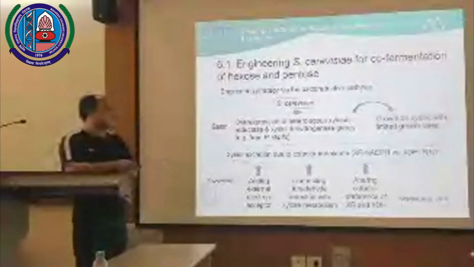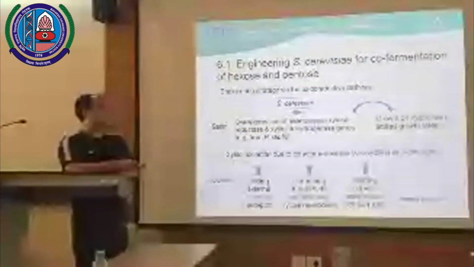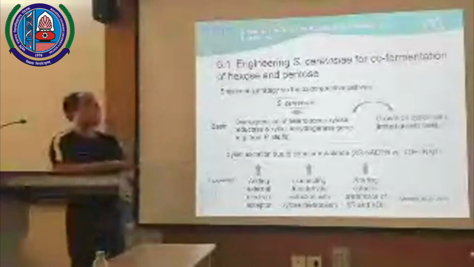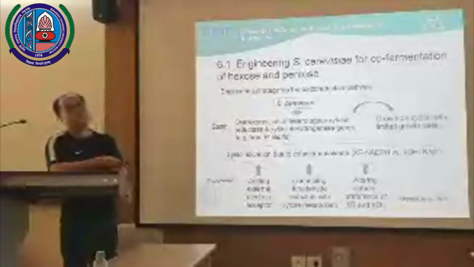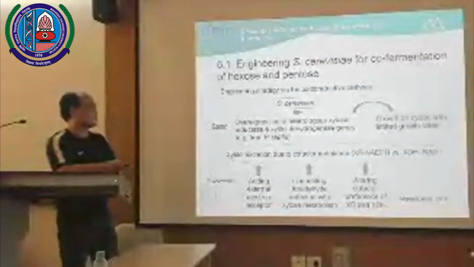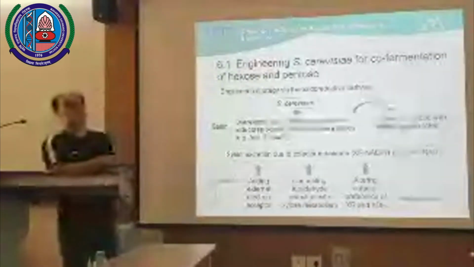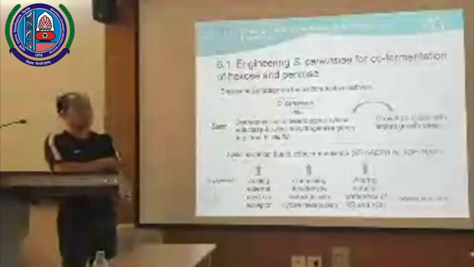The problem is that they cycle between oxidized and reduced forms, and sometimes they are not in balance. There may be an abundance for this one, but insufficient for that one. So it causes overproduction of xylitol, and it decreases the final total amount of ethanol production.